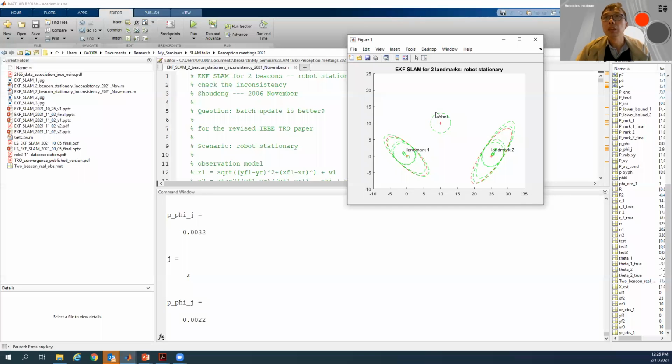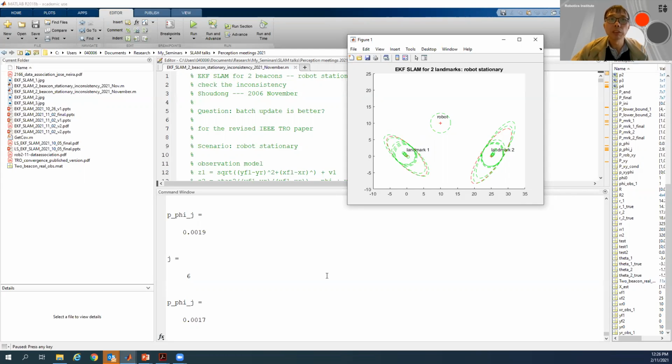The green circle shows the uncertainty ellipse of the estimates. This is something that shouldn't happen, because if you don't know the orientation and you see new landmarks, you can't improve your knowledge about the orientation.